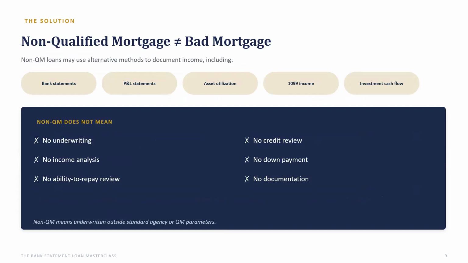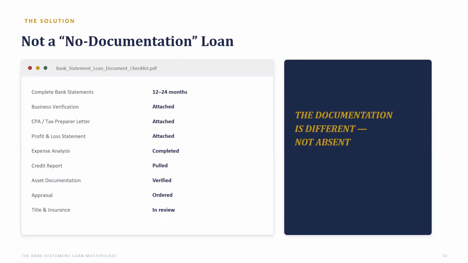Okay. Non-qualified mortgage loans may use alternative methods to document income, using bank statements, P&L loans, asset utilization, 1099 income, investment cash flow. It doesn't mean no underwriting, no income analysis, no ability to repay, no credit review, no down payment. It doesn't mean, oh, you have a pulse, let's get you a loan. It's not that. It's not a no-documentation loan.